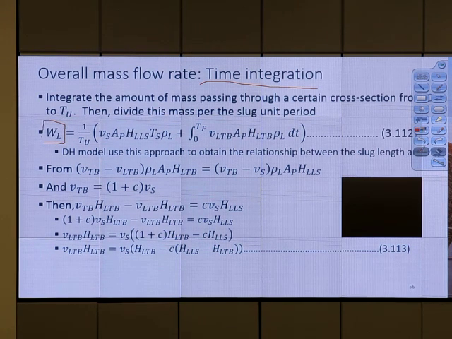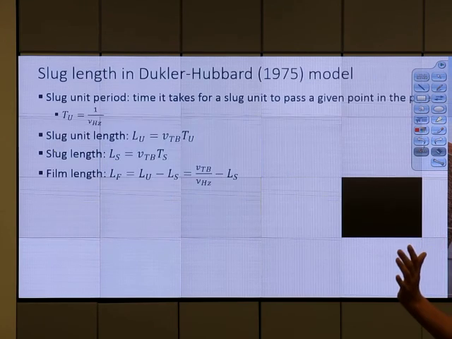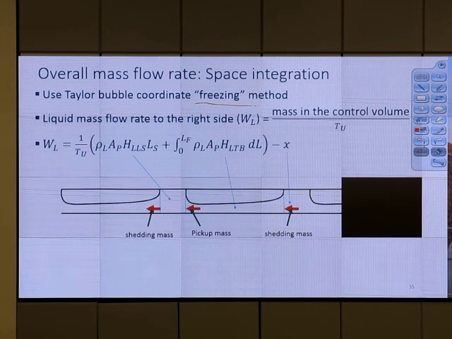WL is mass per unit time, right? Mass flow rate. We can calculate mass flow rate by using this method, and there's another method to do the calculation of mass flow rate. And mass flow rate, WL, is already well defined based on your input, right? Mass of liquid per unit time that we put in at the inlet. That's WL, kilogram per second of liquid at the inlet.